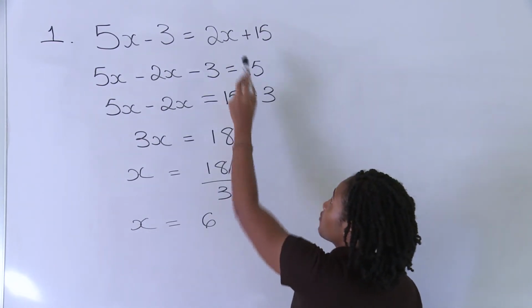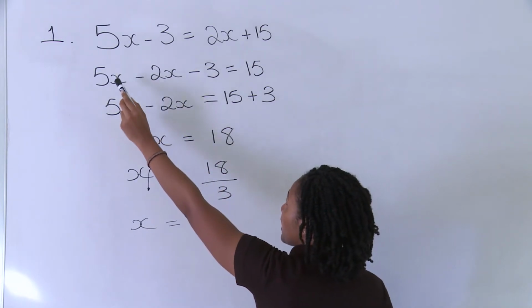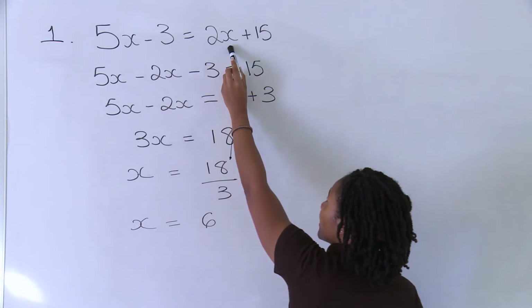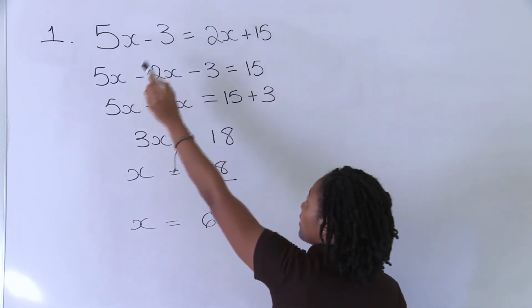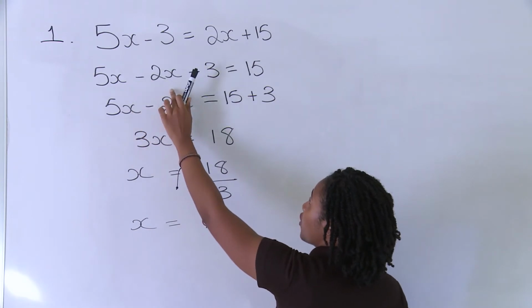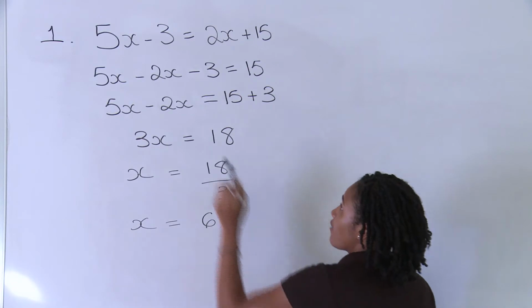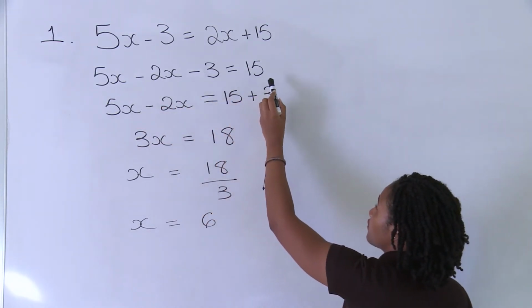See here that we would have brought 2x over to our left-hand side, so it became 5x minus 2x. 2x on the right-hand side was added to 15, and when brought over to the left-hand side of the equation, it is now being subtracted from 5x. So we have 5x minus 2x minus 3 is equal to 15.